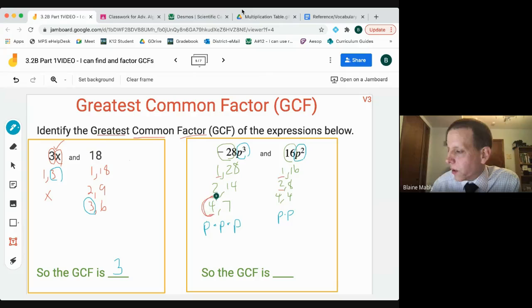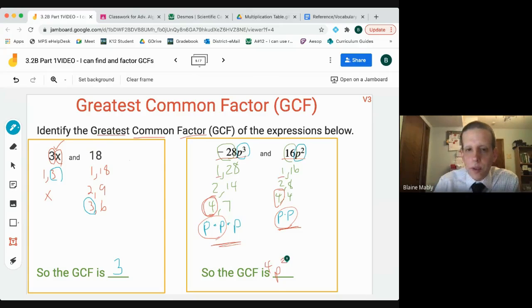The greatest common variables: there are 3 p's over here, there are 2 p's here. So the most they have in common is 2. I can circle 2 for each of them. That means our greatest common factor of these two expressions is 4p squared, because p times p is p squared.